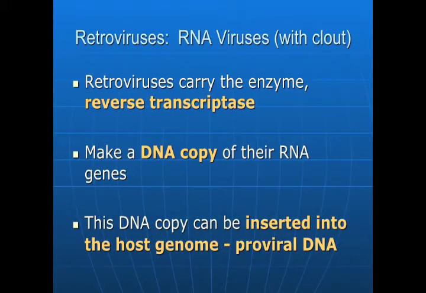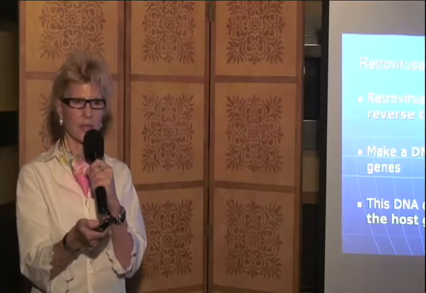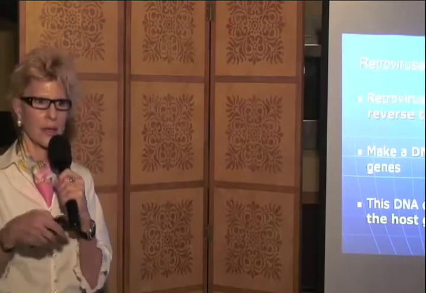RNA viruses come in a variety of types, the most sinister of which are the retroviruses. They carry an enzyme, reverse transcriptase, which allows them to make a DNA copy of their RNA genes. Now, why is this a great advantage? Because remember, the DNA in the host cell stays in the nucleus, right?